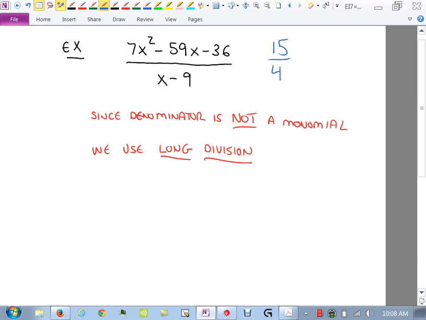Now, very important here. We talked very little about what was called descending order. Do you remember us discussing descending order? When you have a polynomial listed out and you list it from highest power down, that's called descending order. When you do long division, the first thing you need to make sure is that your numerator and denominator are arranged in descending order before you start putting them into the boxes.